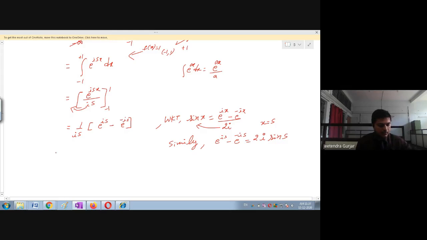So this value will now become equal to 1 upon is, substituting the values, that is 2i sin s. So I have taken it like this. Here you can see the i will get cancelled, so this will be equal to 2 sin s upon s. Is it clear?